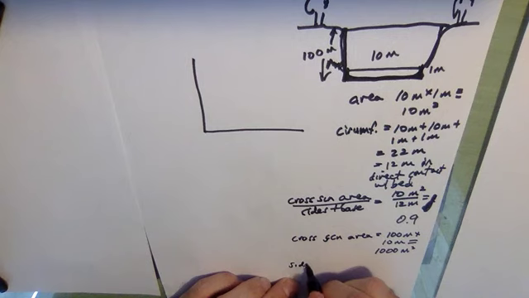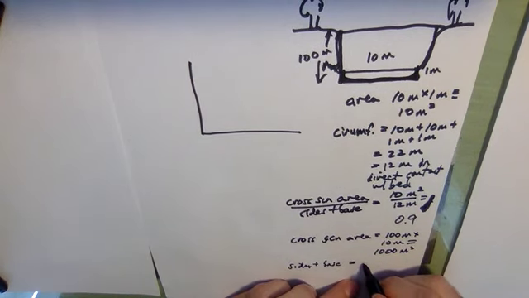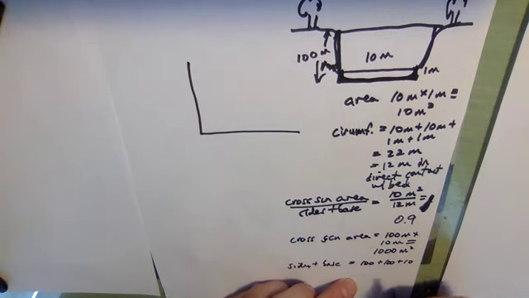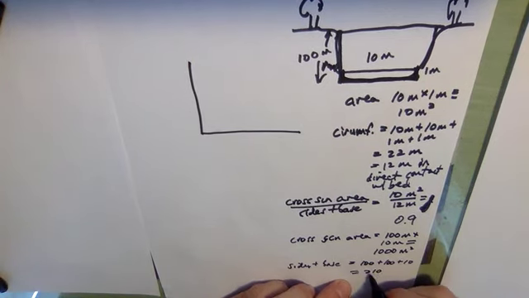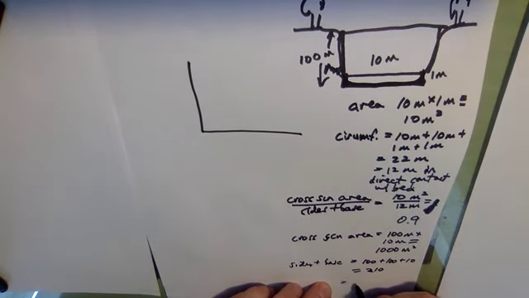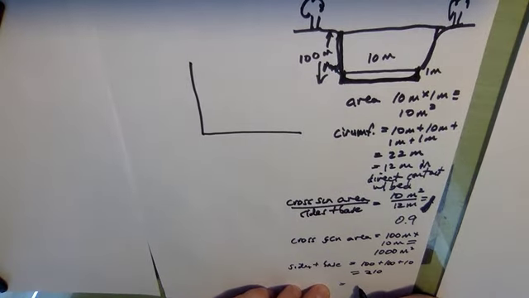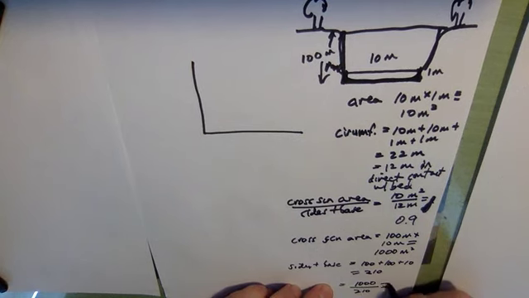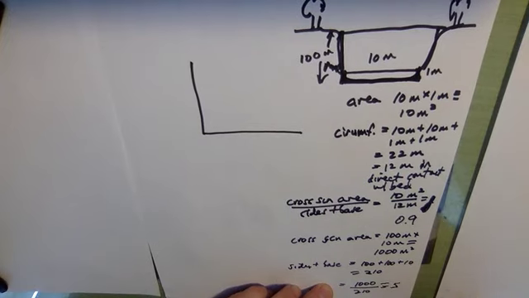And the sides plus the base are equal to what? 100 plus 100 plus 10 equals 210. So in this case, the cross-sectional area, 1,000 divided by 210, is somewhere around 5.